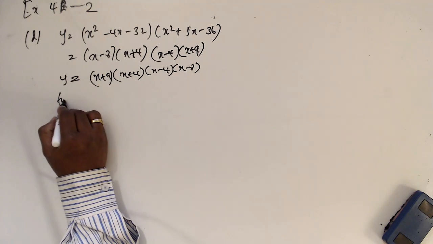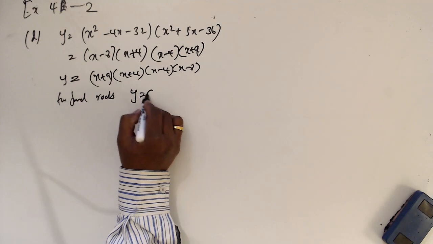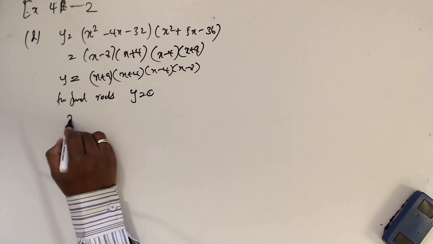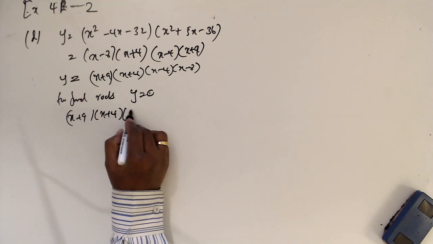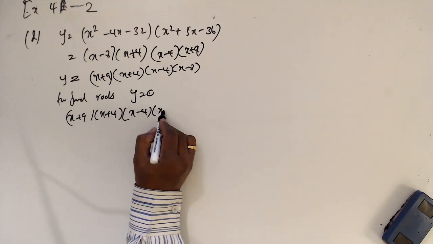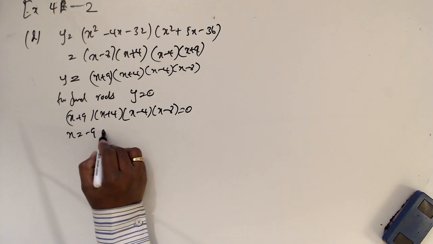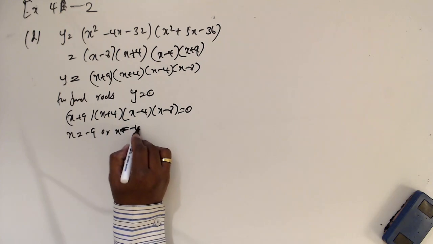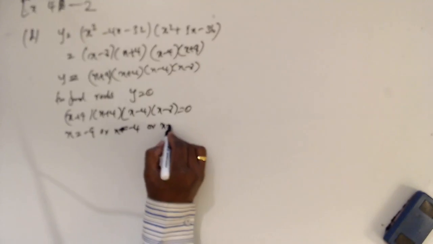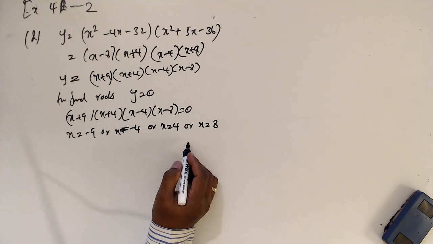Then to find roots, we put y equals 0, then (x + 9)(x + 4)(x - 4)(x - 8) equals 0, x equals -9, x equals -4, x equals 4, x equals 8.